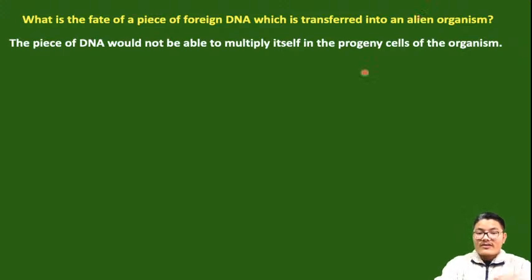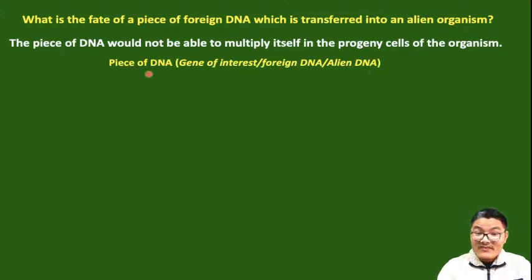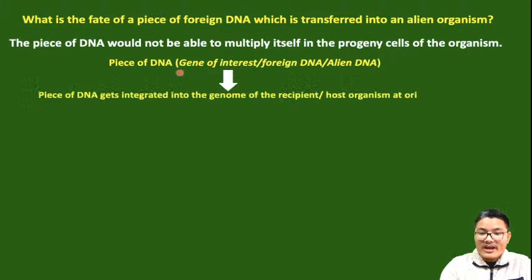So first we said that we have a piece of gene, a piece of DNA, and that is called the gene of interest. Sometimes we also use the term foreign DNA, and we also use alien DNA. So we have alien DNA or foreign DNA or gene of interest or desirable gene, and that gene we have to introduce into the host organism.